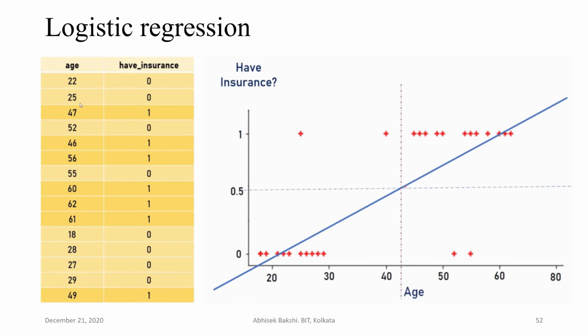If it is lesser than 0.5, we will consider it as 0. According to that, you can easily segregate most of the points of 1 from most of the points of 0. Obviously you can say that these 2 points and these 2 points are what we call outliers.